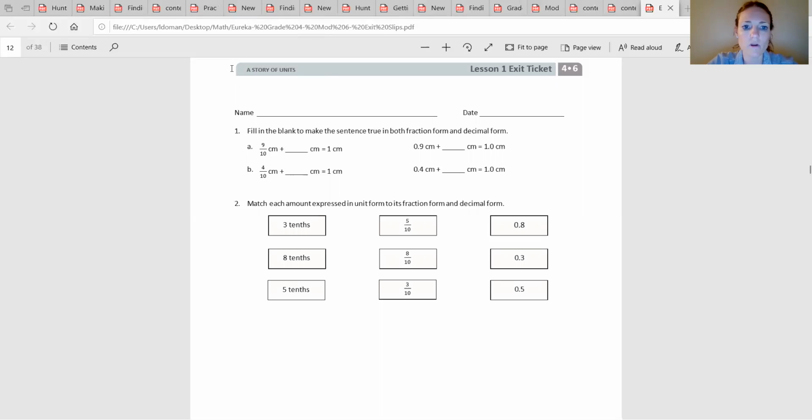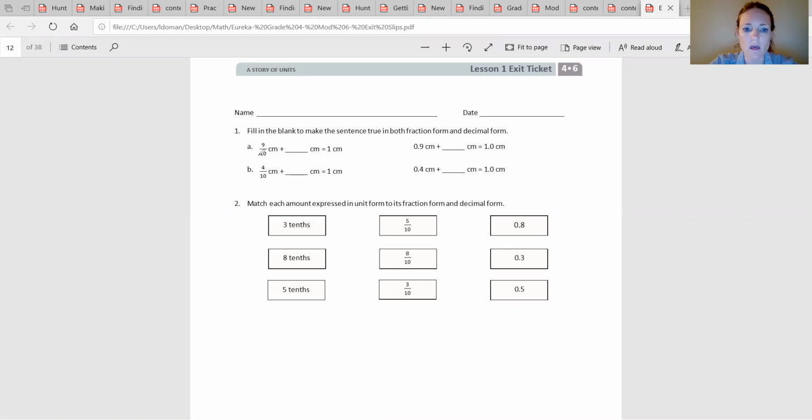Okay, so number 1, if you remember, we need to fill in the blank to make the sentence true in both fraction and decimal form. If I have letter A, I have 9/10 centimeters plus something equals 1.